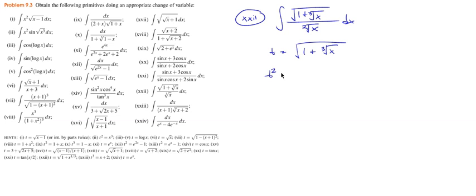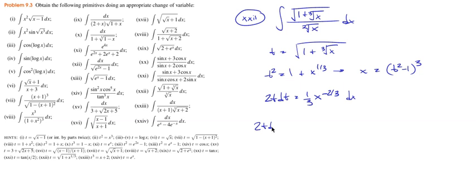Now t squared is 1 plus the cubic root of x, or if you want, x to the 1/3. 2t dt is 1/3 of x to the minus 2/3 dx. Now x is t squared minus 1 cubed, right? So this is going to be 2t dt times 3, which is 6.